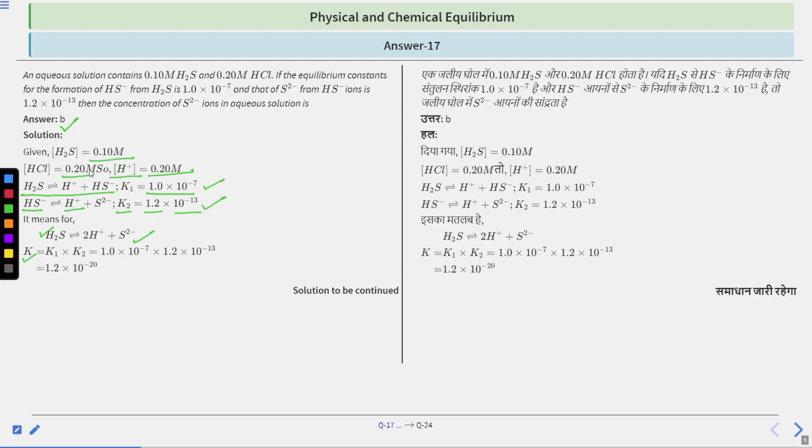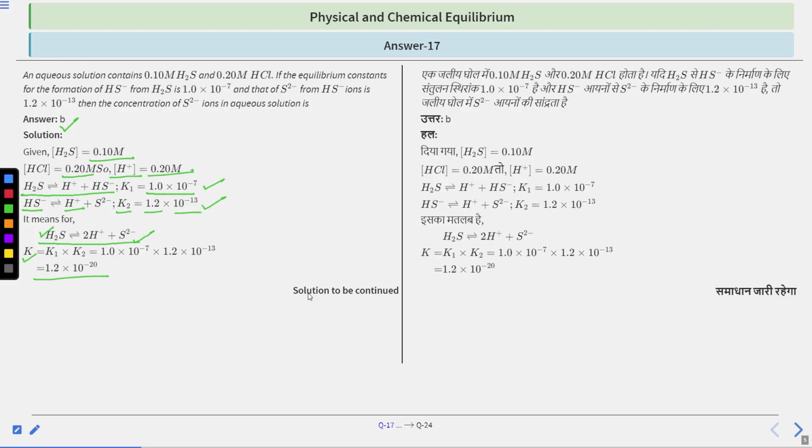So if we add these two reactions, we get this third reaction, and the K for it will be K1 into K2, which is 10 to the power minus 7 multiplied by 1.2 into 10 to the power minus 13, and it comes out as 1.2 into 10 to the power minus 20.